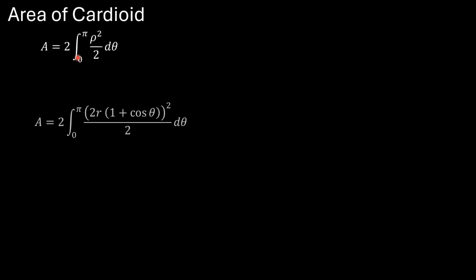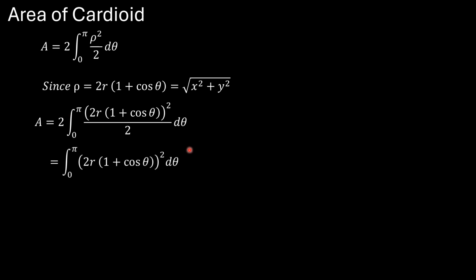from 0 to 2 pi. And so we already know that our radius is 2r times 1 plus cosine theta. And so we'll substitute that in there, and there is this half and the 2, this would cancel out, and so we have 2r times 1 plus cosine theta all squared.